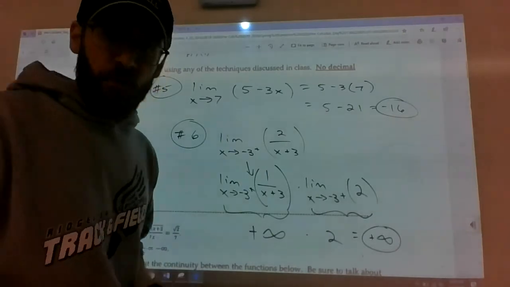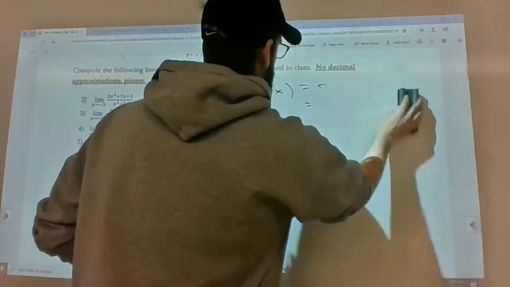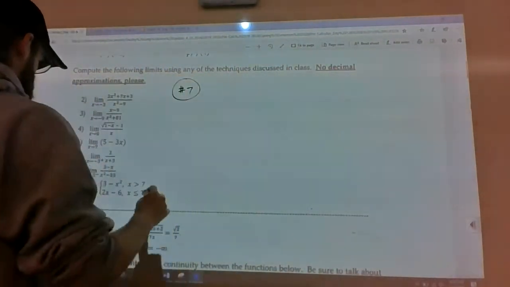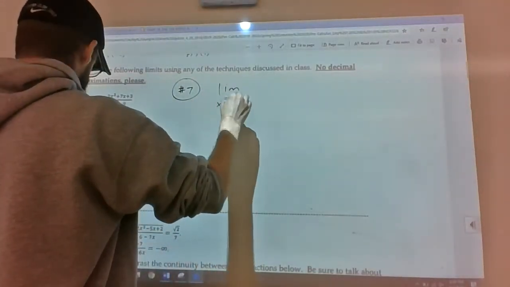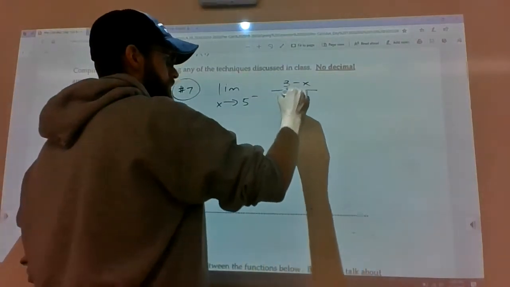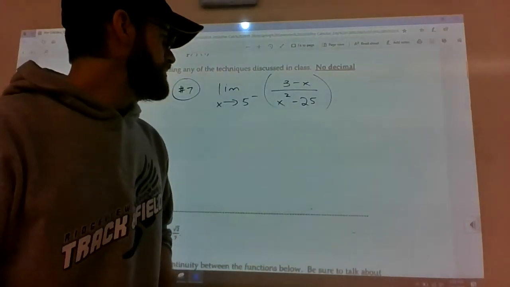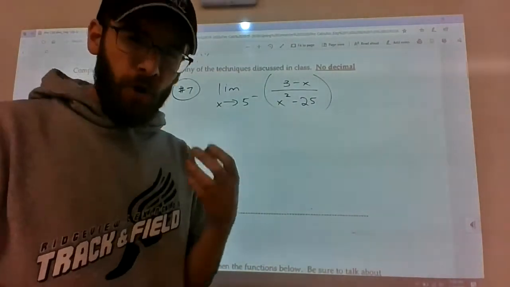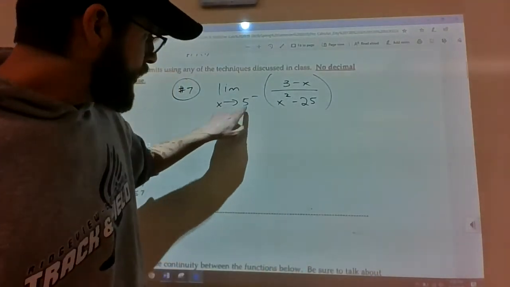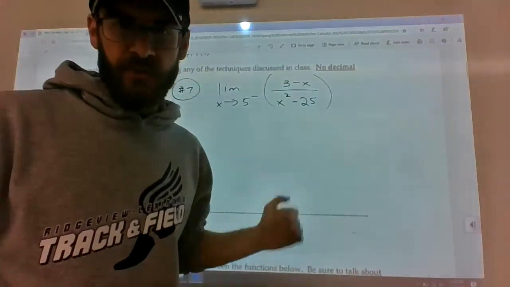Now, what about one that's a little more involved, like number 7? Well, our goal is to get whatever creates this domain issue apart from the 3 minus x over x squared minus 25.